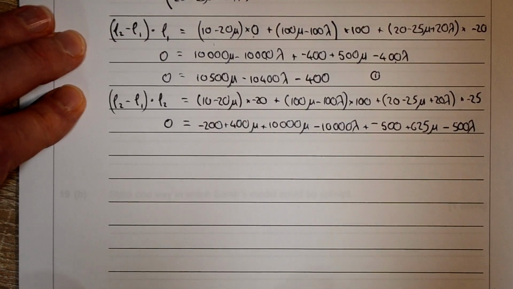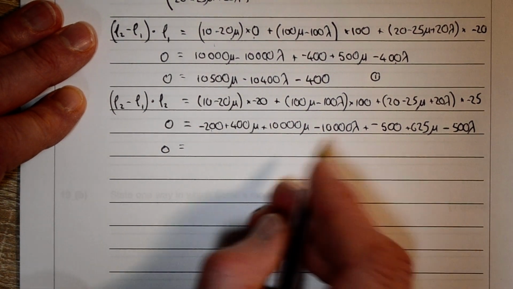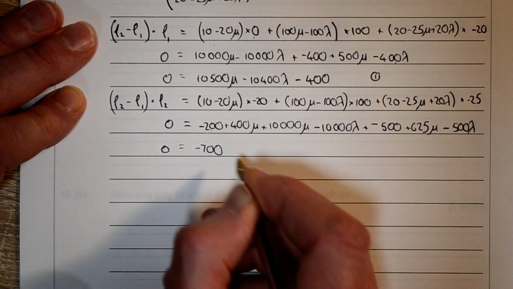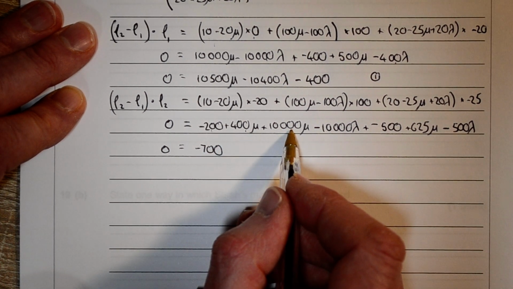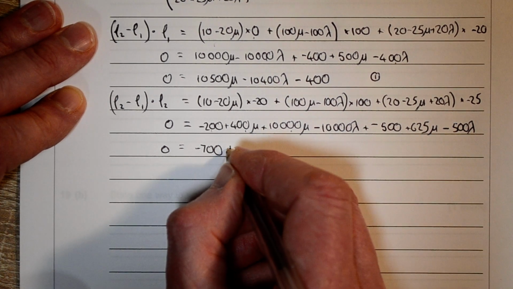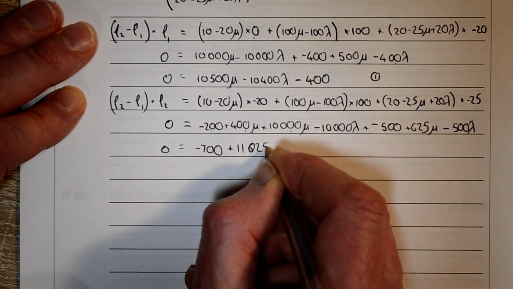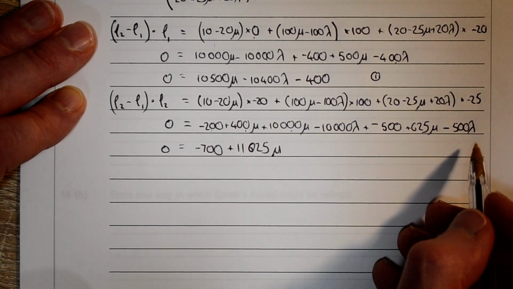And so we can again simplify this. Got a constant term, got our mu's, and our lambdas.